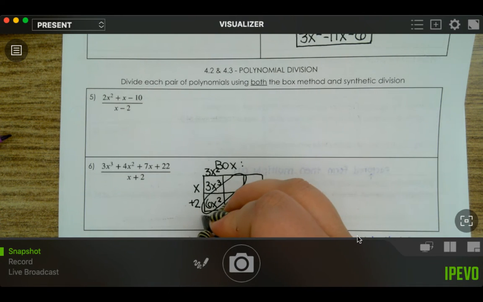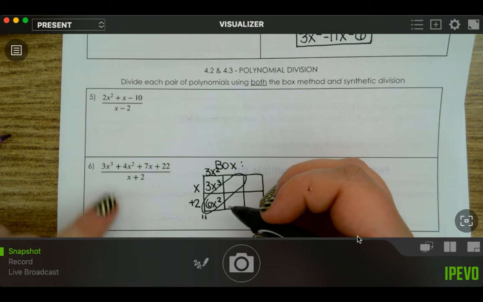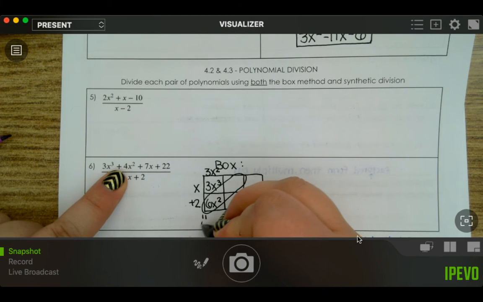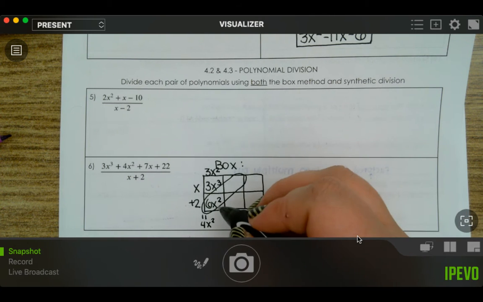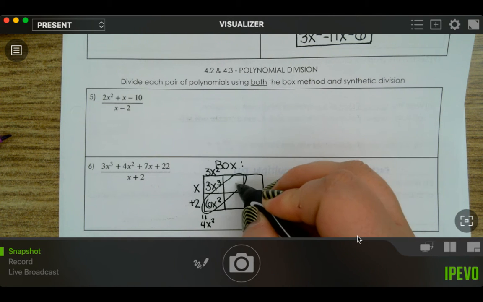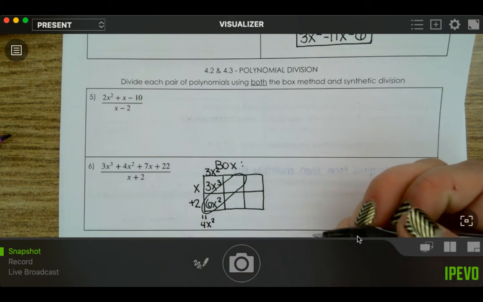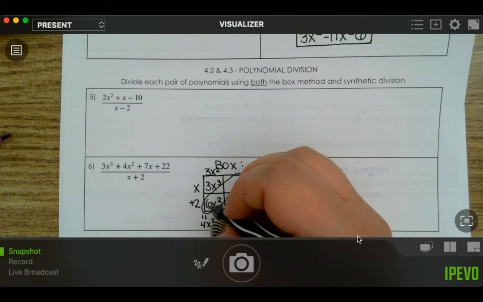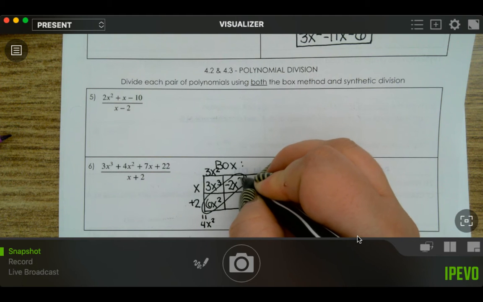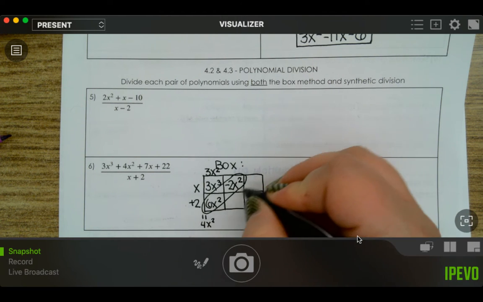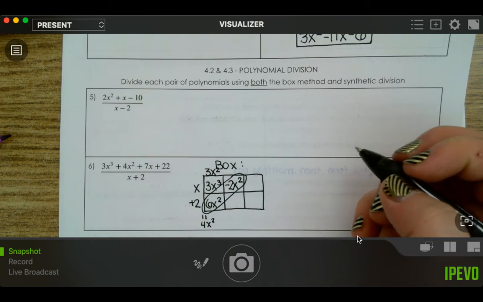So we want this diagonal to equal 4x squared. And what you have to figure out is what do you put here so that these two add to 4x squared. 6 minus 2 is 4, so I need negative 2x squared right here. So that now they add up to what they're supposed to.